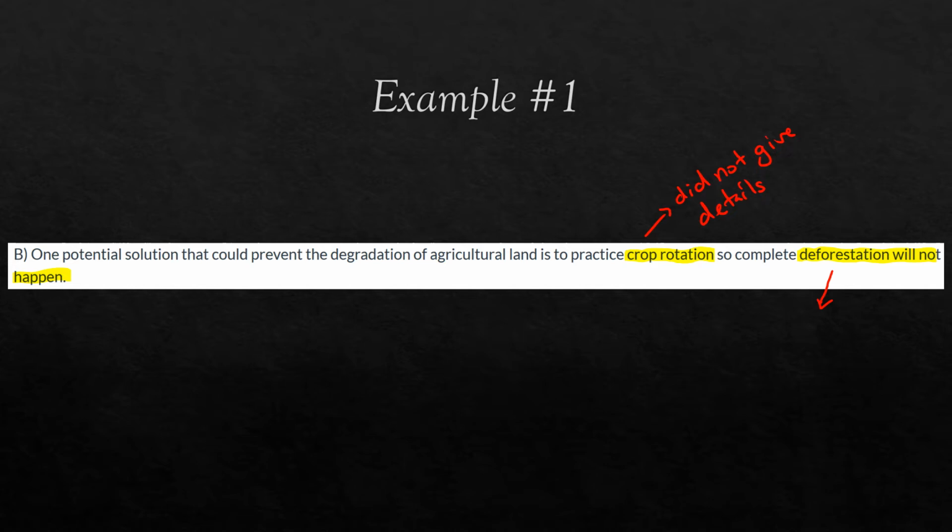That detail was not on the paper. I understood what the student was saying, but that detail needs to be on your free response answer. So deforestation will not happen is the benefit, but you need to describe that benefit.